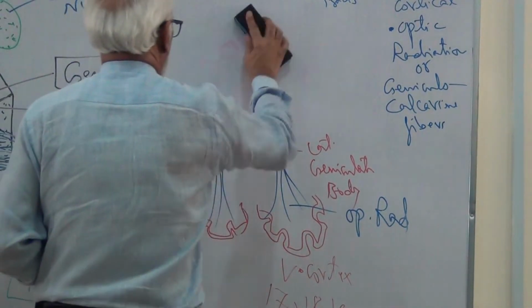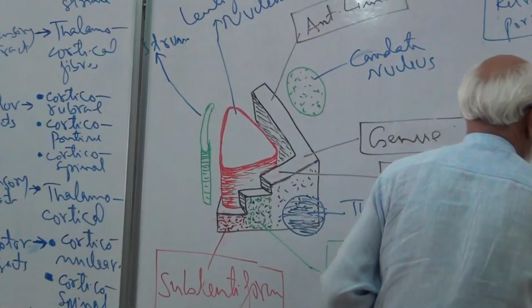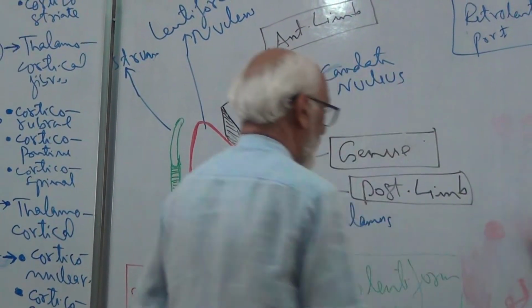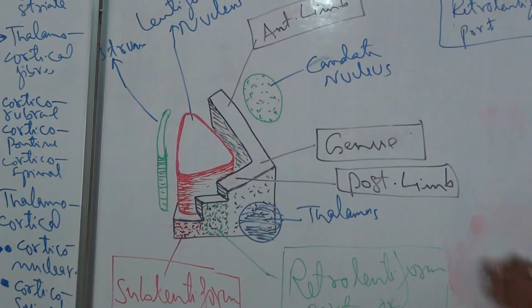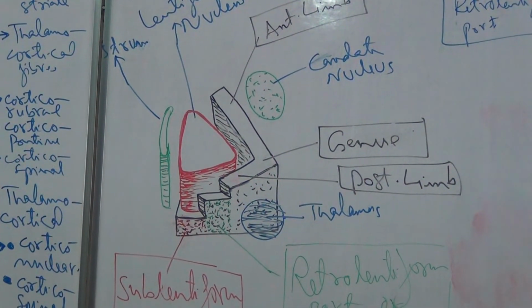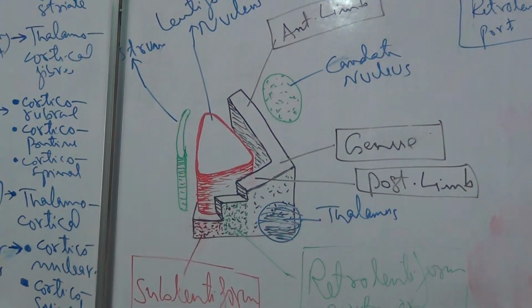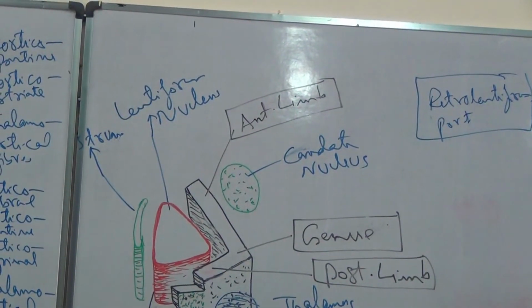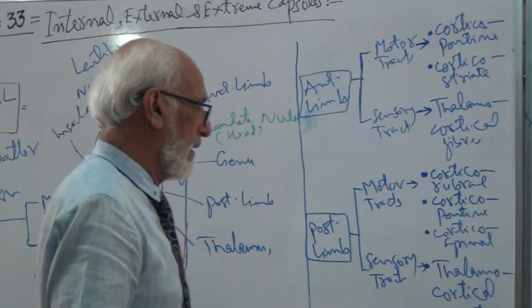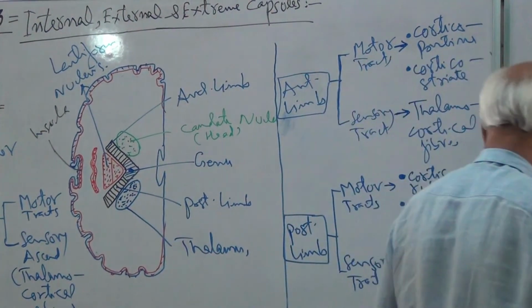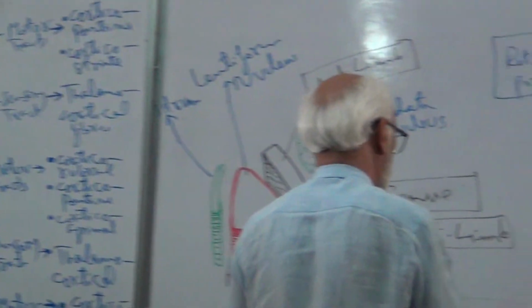So the retrolentiform part: the sensory fibers passing through it are not only the thalamocortical fibers, but also the optic radiation or geniculo-calcarine fibers. Then the sublentiform part of the internal capsule.